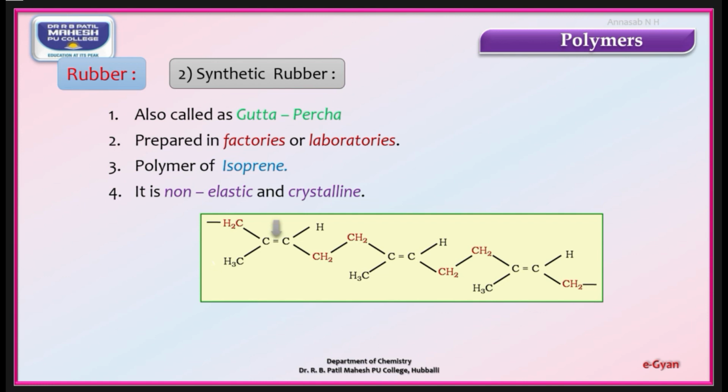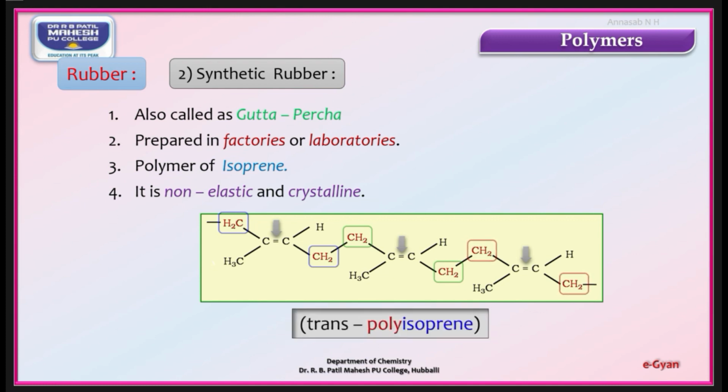If they come on the opposite side of the double bond, it is the trans isomer. So the cis isomer of isoprene is natural rubber, whereas the trans isomer of isoprene is synthetic rubber. Isoprene is the monomeric unit for both natural as well as synthetic rubber. The cis isomer gives natural polymer, whereas the trans isomer gives synthetic rubber.